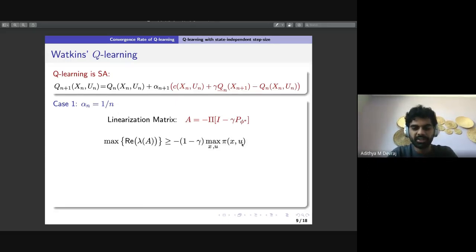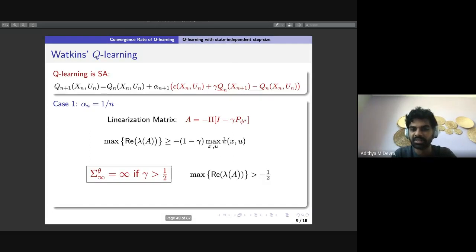We can use Perron-Frobenius theory to show that the eigenvalue with the largest real part is lower bounded by this quantity over here, where the maximum is over all stationary distributions of this Markov chain X, U. This is clearly bigger than or equal to minus of 1 minus gamma times the largest value this can take, which is 1.